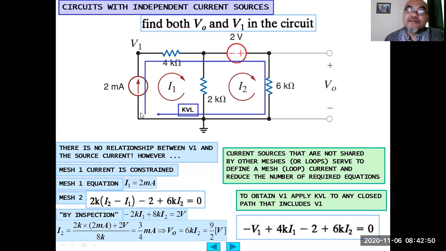It means from this is 0, so this is a voltage increase, and because this is a source, when we write the KVL equation in terms of voltage drop, we have to assign a negative sign here. So negative V1 plus 4K I1, negative 2, because this is also another voltage increase, plus 6K I2 equals 0.